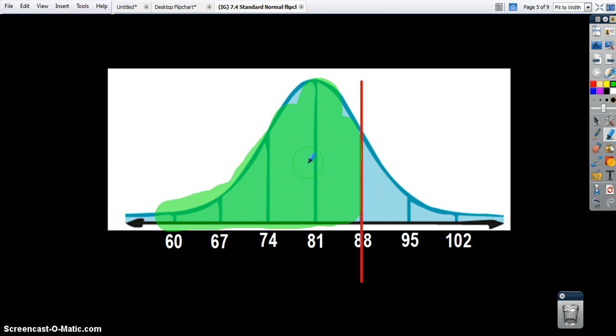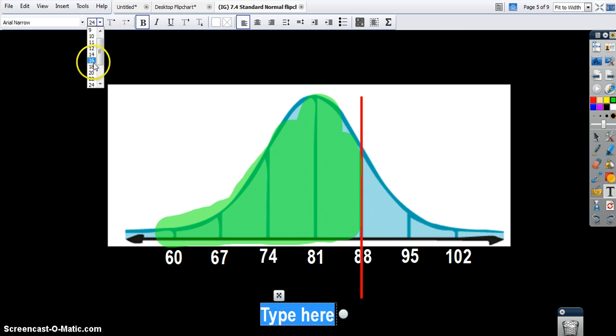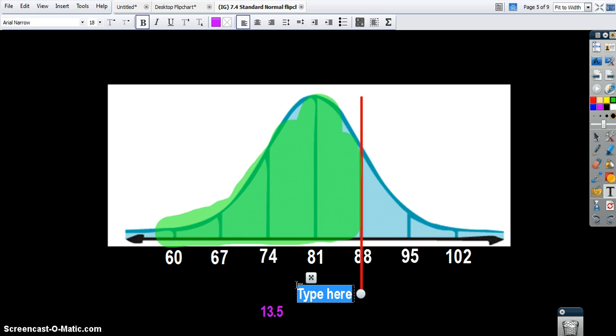Okay, and that percent would be, remember, 13.5, 34, let's use the percentage sign.